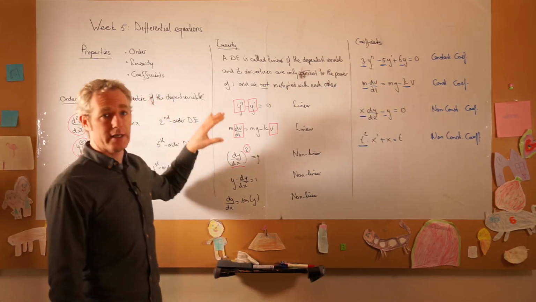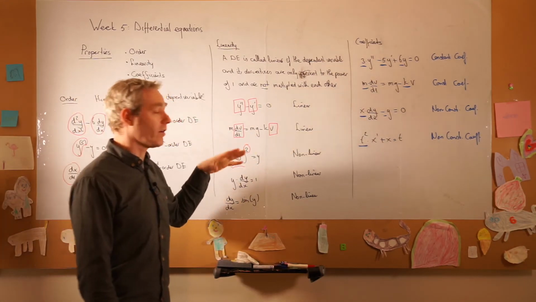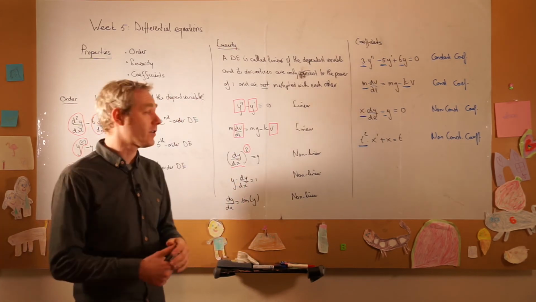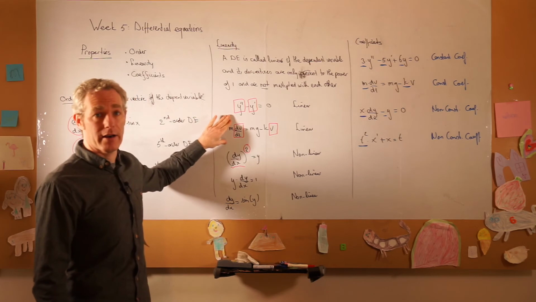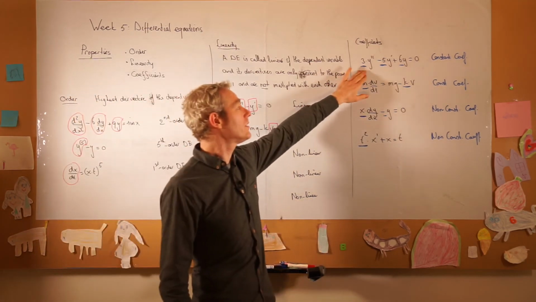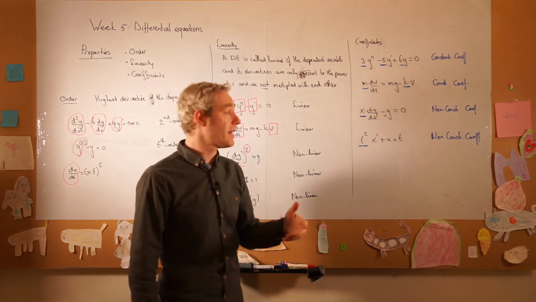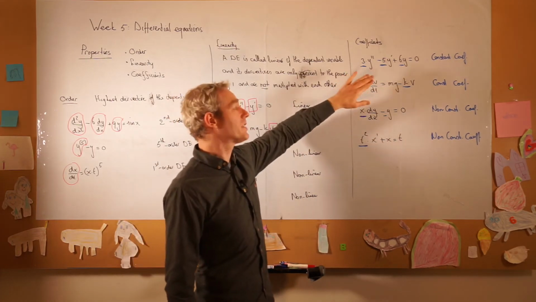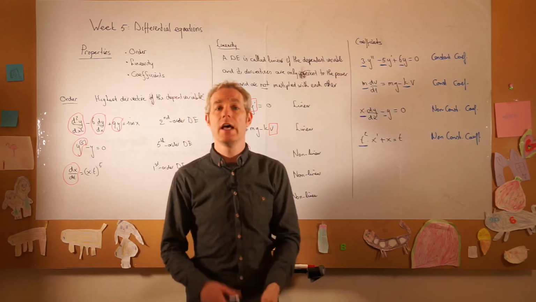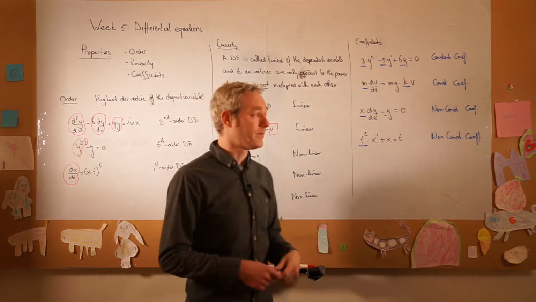Linear differential equations are relatively easier to solve than nonlinear. Nonlinear differential equations sometimes don't even have a solution. Linear ones are relatively easy to solve. And if they have constant coefficients, there are specific solution methods to come to a solution. If they have non-constant coefficients, again, that becomes more difficult.